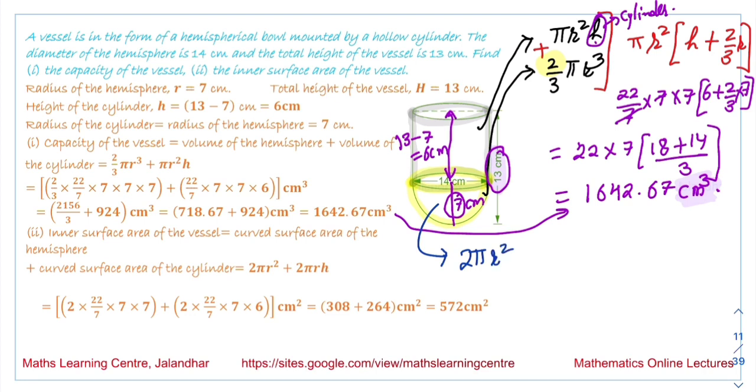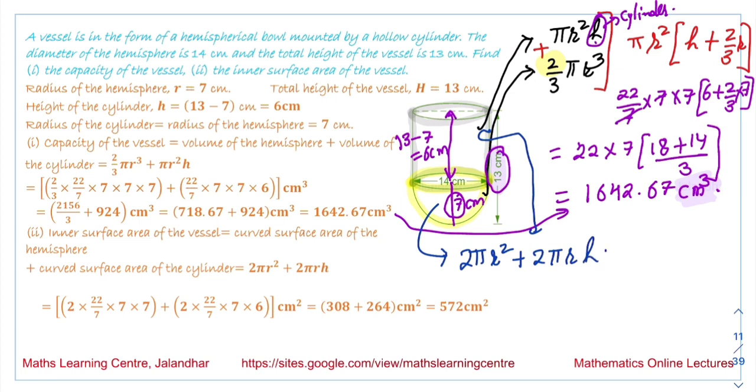The total surface area of the sphere is 4 pi r square, and for the hemisphere, when we are talking about the inner surface area, that will be 2 pi r square. And for the cylinder, the inner surface area formula is plus 2 pi r h.